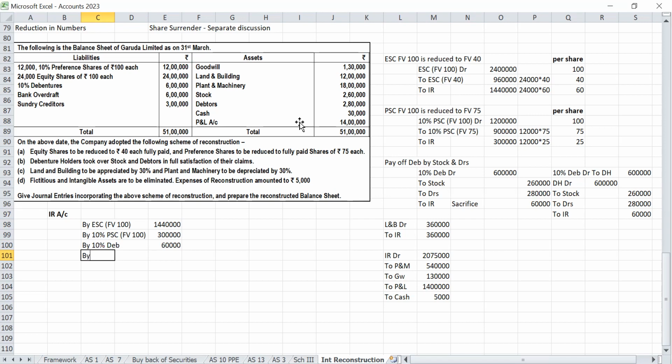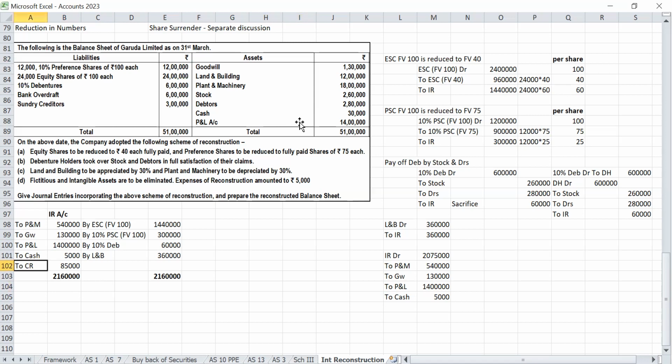By land and buildings 3,60,000. To plant and machinery, to goodwill, to P&L, to cash. Difference, capital reserve account, sir, to capital reserve. Entry we have to pass.